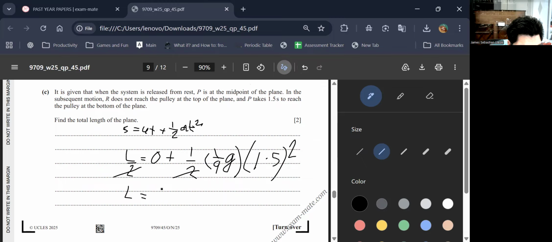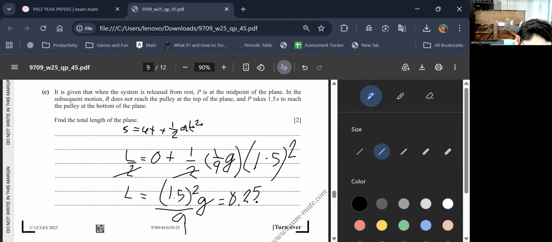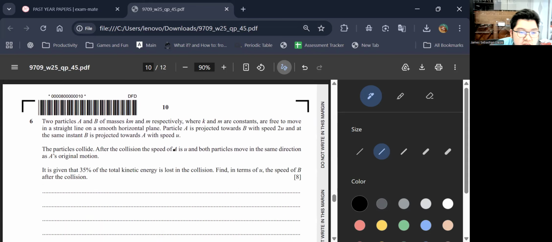So L is 1.5 squared over 9 times g, and this is 2.25 divided by 9, so 0.25 g, or you may also write this as 2.5 meters. Yeah, final answer.